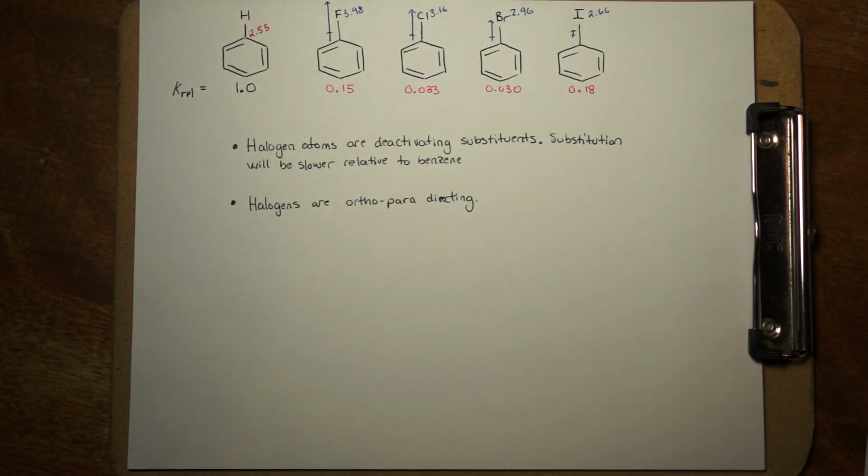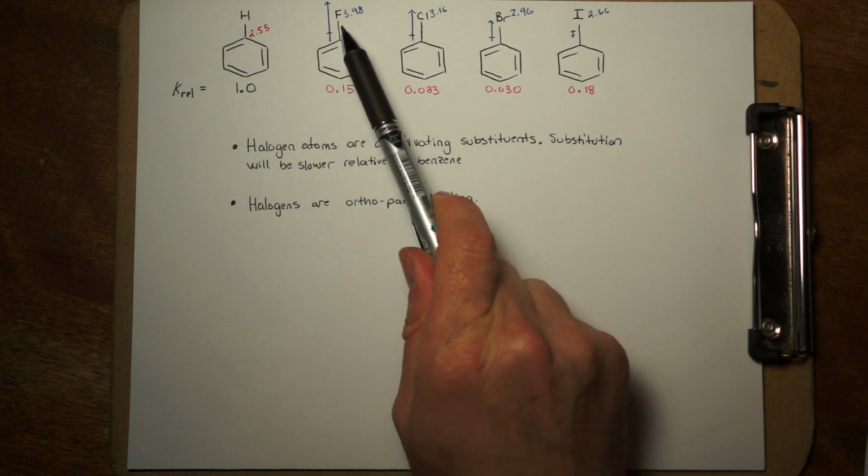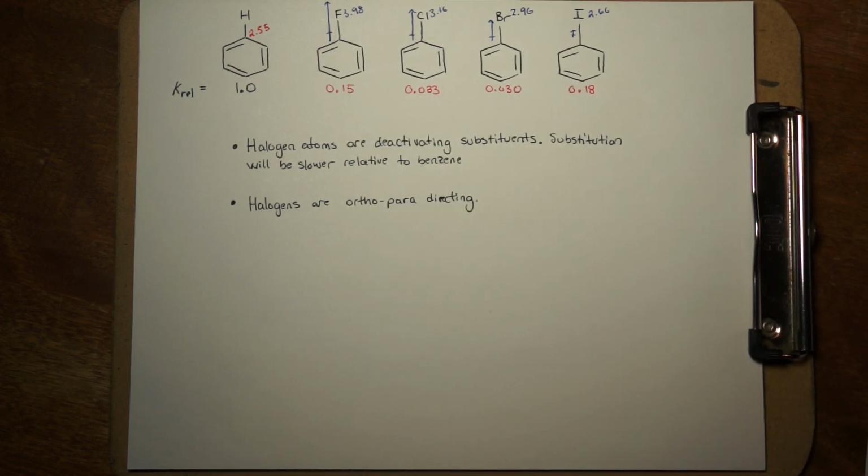And this is probably a little bit unexpected, right? So we've learned so far that electron withdrawing groups will deactivate a ring and will direct substitution to the meta position. This is a case where we have an electron withdrawing group that deactivates the ring, but directs to the ortho-para position.